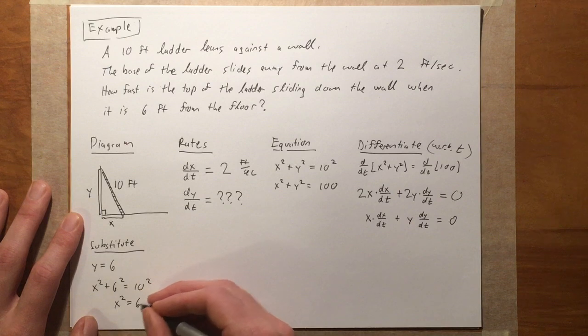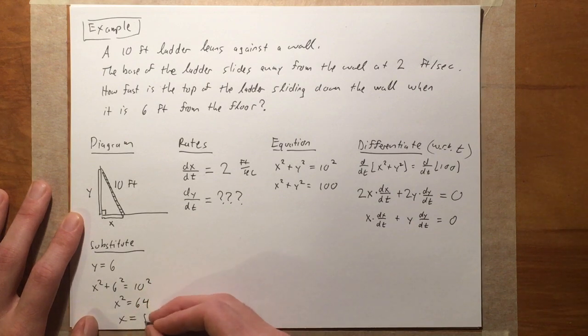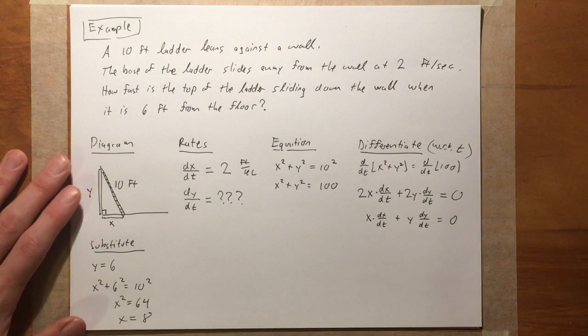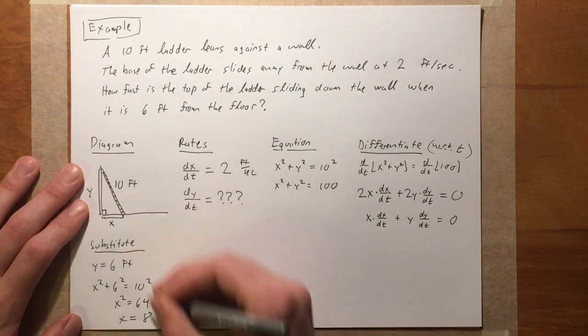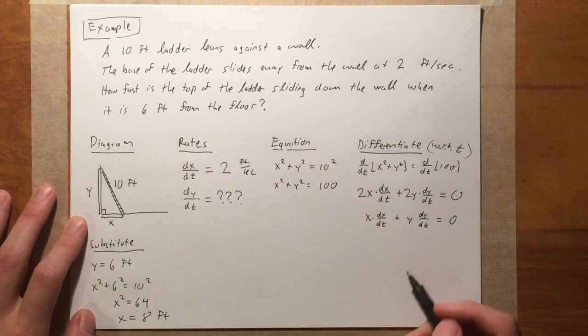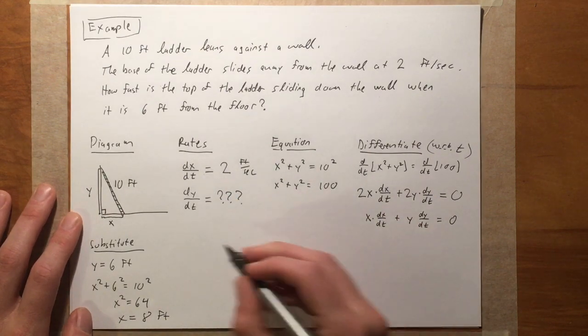X squared is going to be 64. So x is 8. You don't have to worry about negative 8 because we're dealing with distances, lengths, right? So y is 6 feet and x is 8 feet. So those are the two values that I want to substitute into my equation, along with also the dx over dt. So let's put all that in there.